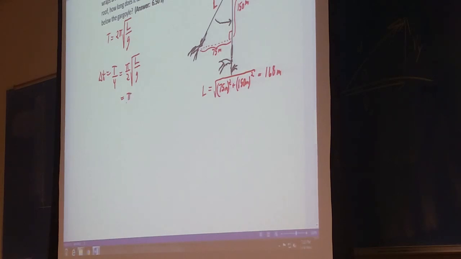And now we just plug that into our formula for 1/4 of a period. That should give us 6.5 seconds. Let me make sure that it does. Yep, it comes out.